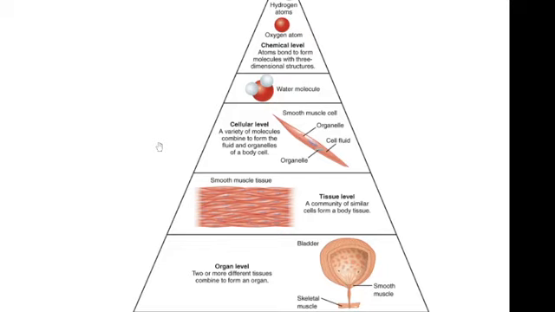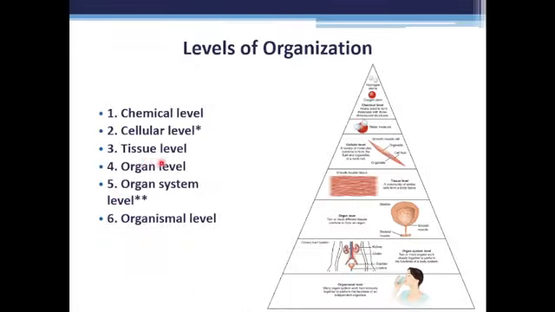Okay, next is the tissue level. That's where cells form into a tissue. Take note that tissues are groups of similar cells, and the tissue level is a group of cells that have a common function.